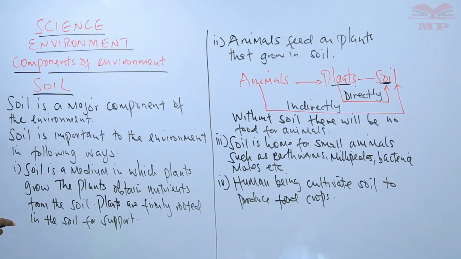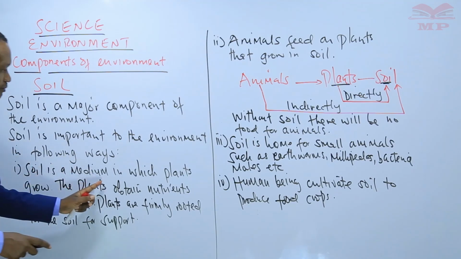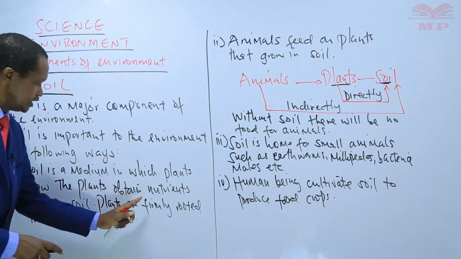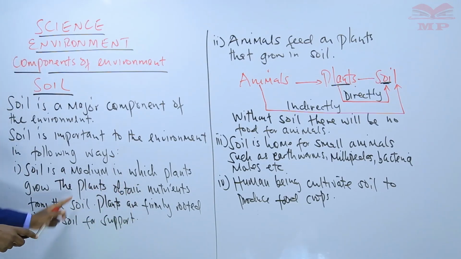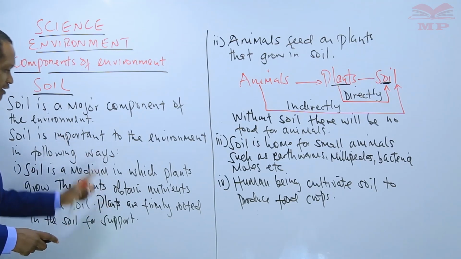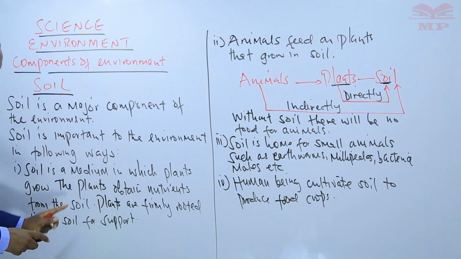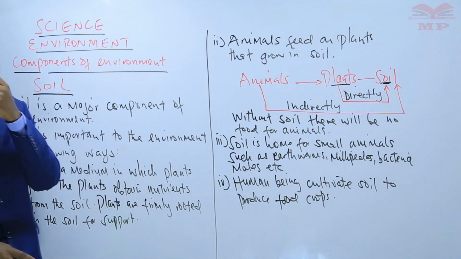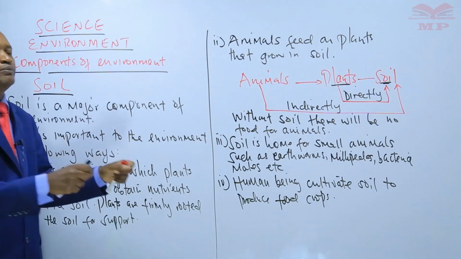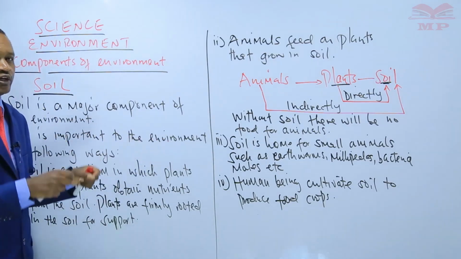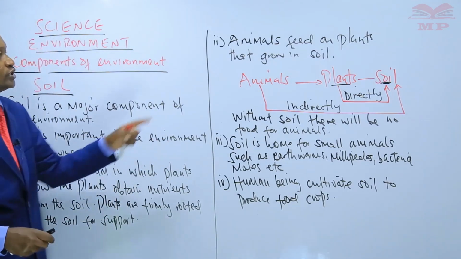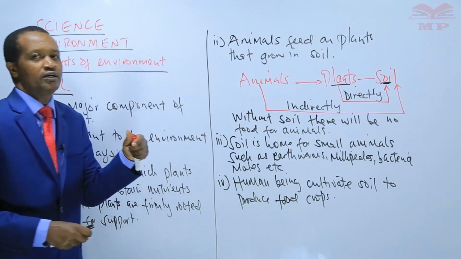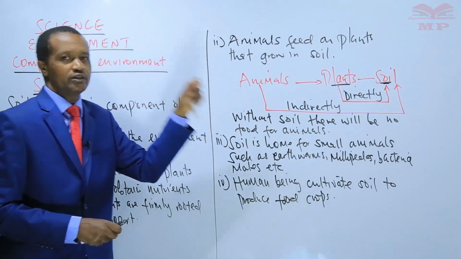Point number one, we say that soil is a medium in which plants grow. Plants obtain nutrients from the soil. We have also said that plants are firmly rooted in the soil for support. Then point number two, we say that animals feed on plants that grow in soil.